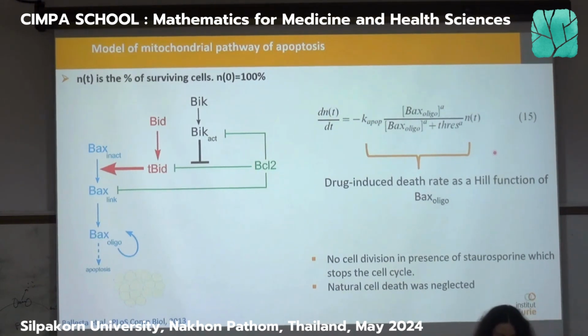This function will have three parameters. There are several reasons why I'm showing this. The first thing is that we know that for small values of BAX oligo, nothing is happening. I'm going to draw this rate.